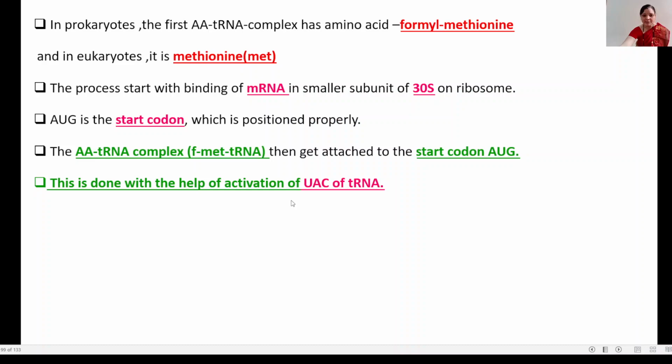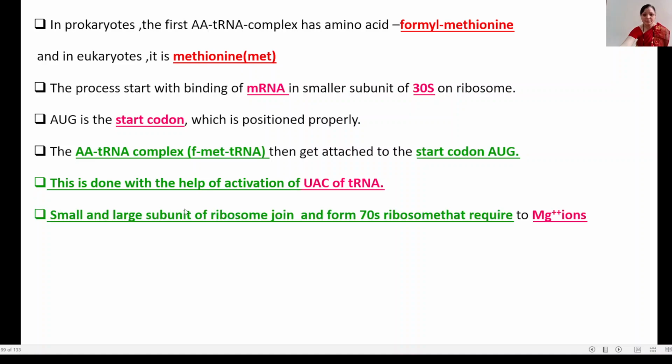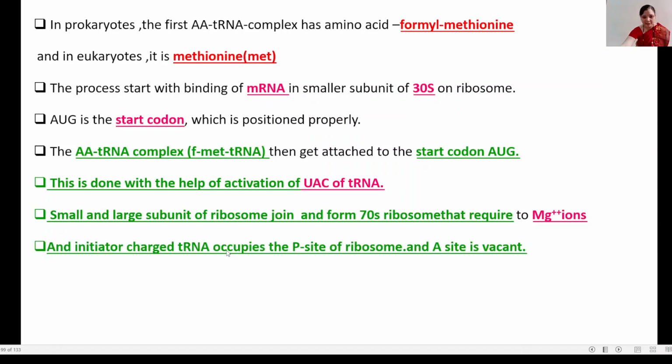This is done with the help of the anticodon UAC of the tRNA. The small and large subunits of the ribosome join and form a 70S ribosome, which requires magnesium ion, and the initiator charged tRNA occupies the P site of the ribosome and the A site is vacant.